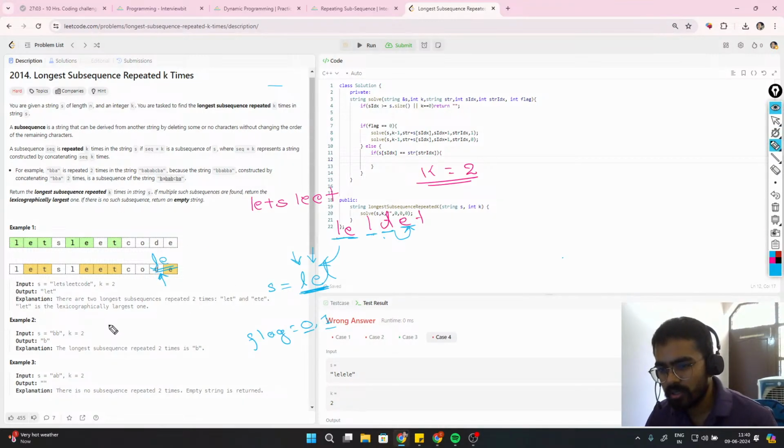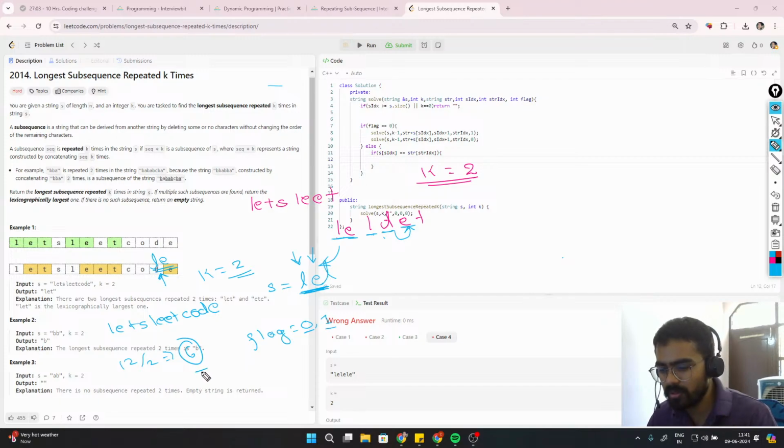Let's say k equals 2. Now we know the string length is 1 2 3 4 5 6 7 8 9 10 11 12. 12 divided by 2, that is 6.